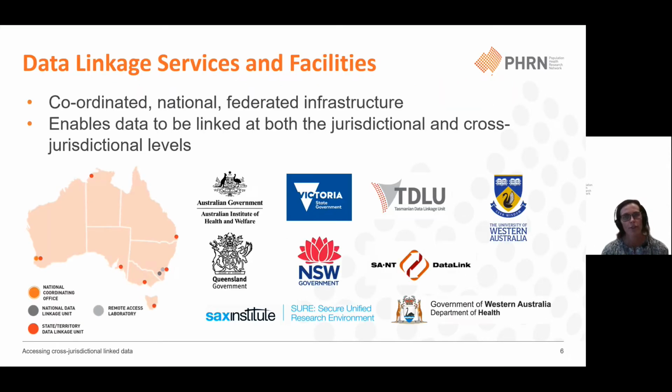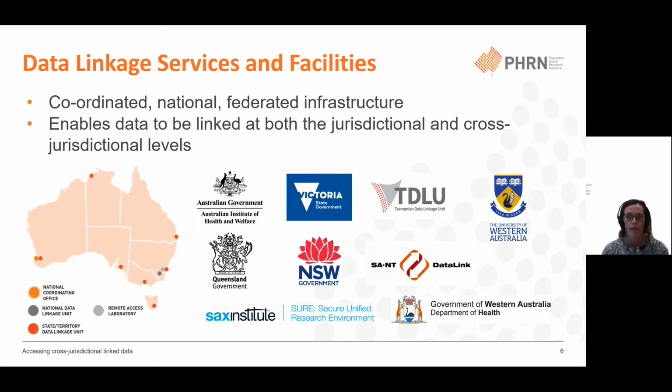The Population Health Research Network, or PHRN, is a coordinated, national, federated infrastructure which enables data to be linked at both the jurisdictional and cross-jurisdictional levels. The PHRN is coordinated by the National Coordinating or Program Office, located in Perth, Western Australia, at the University of Western Australia.